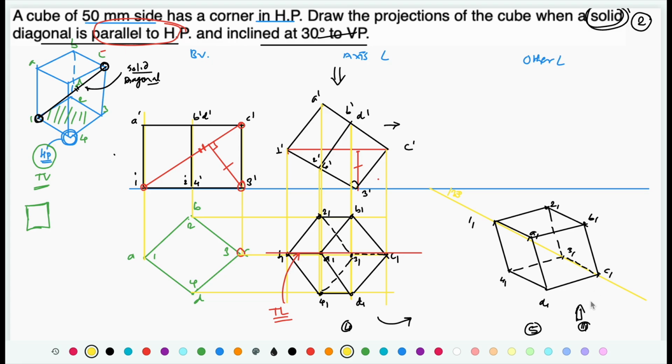You can clearly see that this ABCD face is near to the observer. So when you draw this final view, that ABCD face has to be drawn with visible line, and for the 1 2 3 4 face, some portion is going to be visible and some portion is going to be hidden. So let's project the points first.